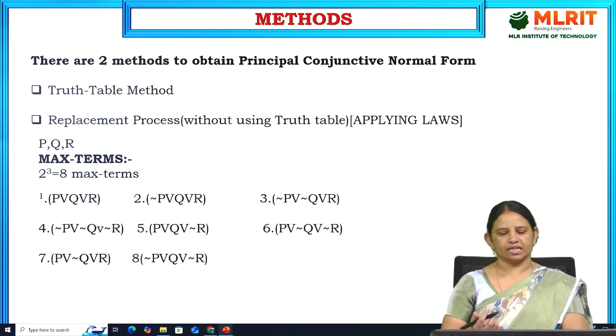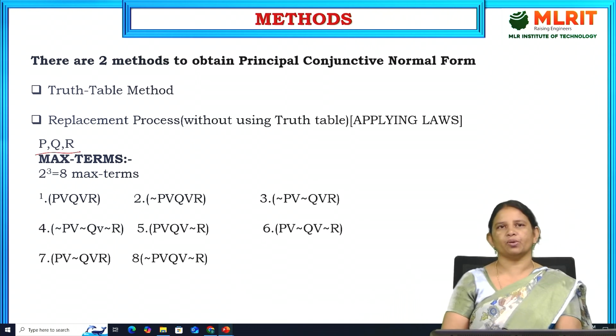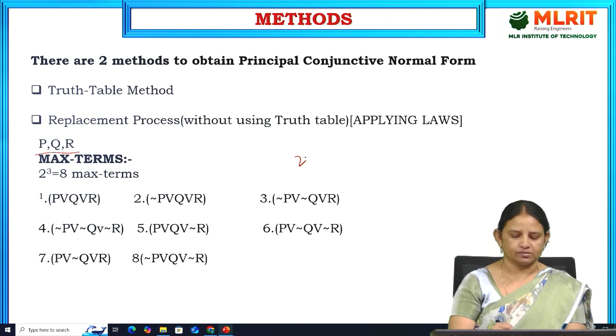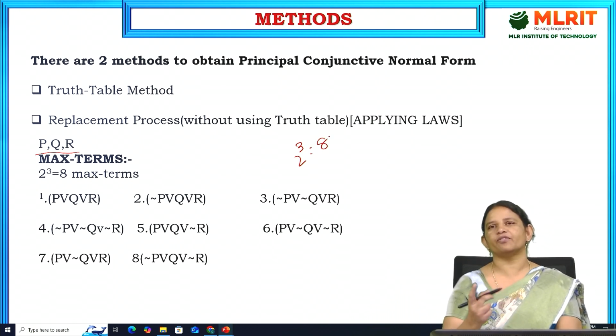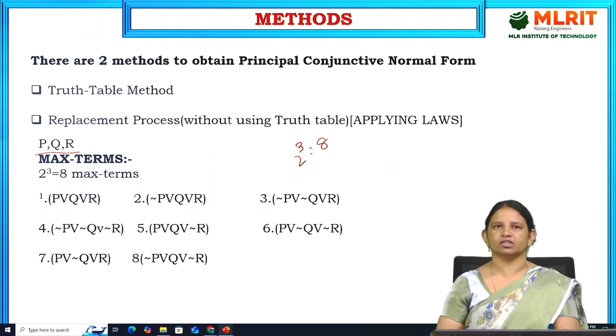Suppose there are 3 variables, P, Q, R. That is 2 power 3, which means 8 max terms are possible. But each and every max term must be unique. No duplicates. Duplicates are not allowed for a max term.